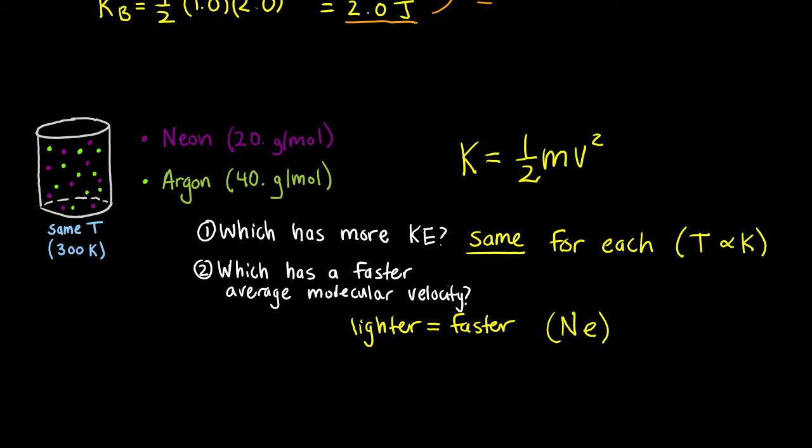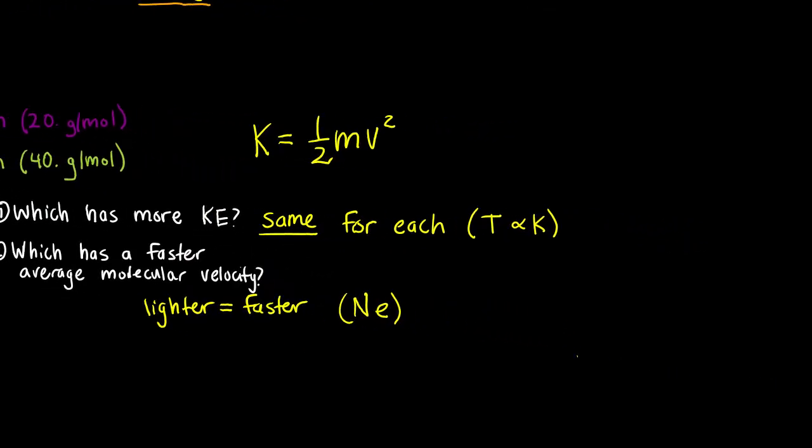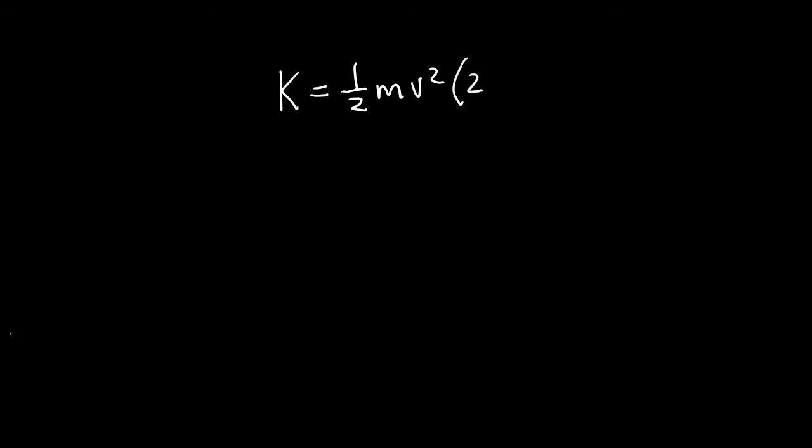At this point, we're going to rearrange the kinetic energy equation to solve for velocity, which is something you will have to do on occasion. The kinetic energy equation, which of course is K equals 1/2 mv squared, can be solved for velocity using simple algebra. The first thing I'm going to do is multiply both sides by 2.